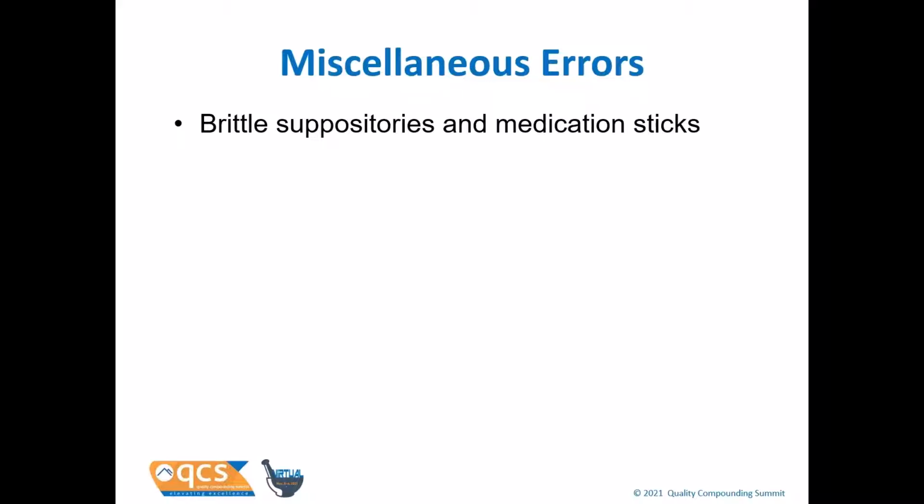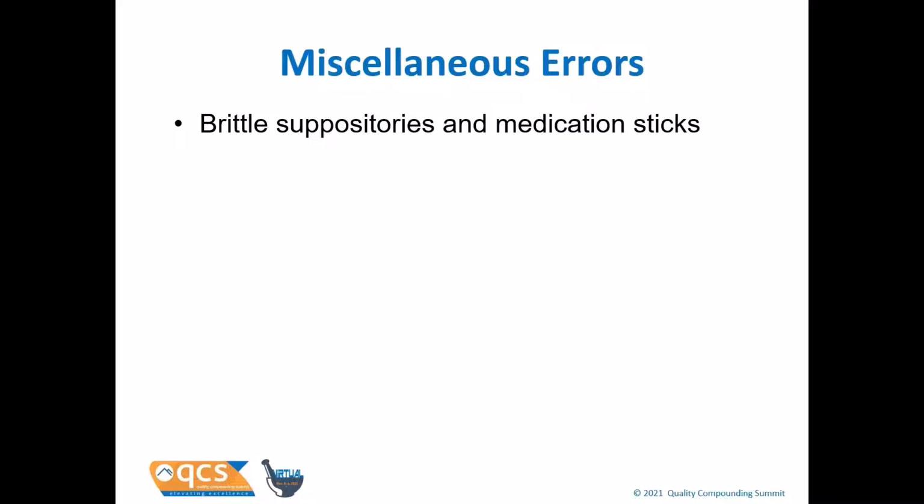You look at a 600 milligram boric acid suppository, or some suppositories with zinc oxide in them, or starch or things like that. The more powder you have, generally the more brittle they're going to become.